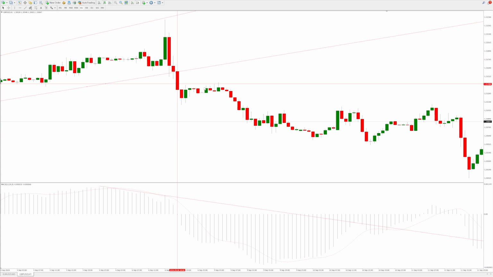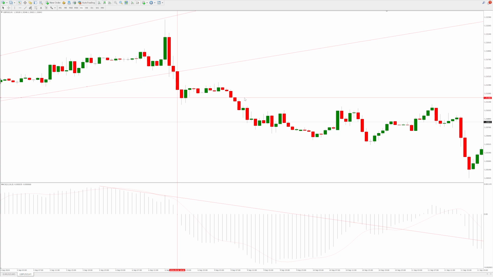Price action shows indecision here. The bulls are putting up a fight, but following on from this big downwards move, the breakout of support on the wedge pattern, the market's continuing down. So you could have entered on this pullback.